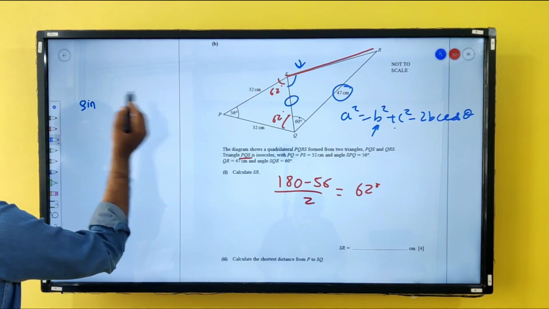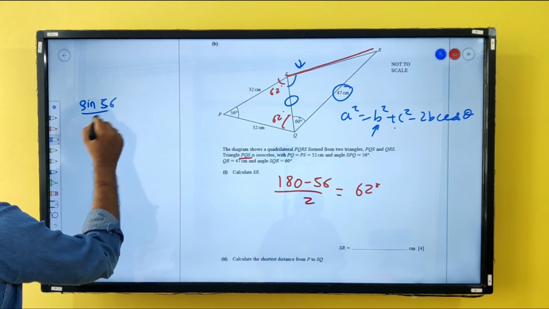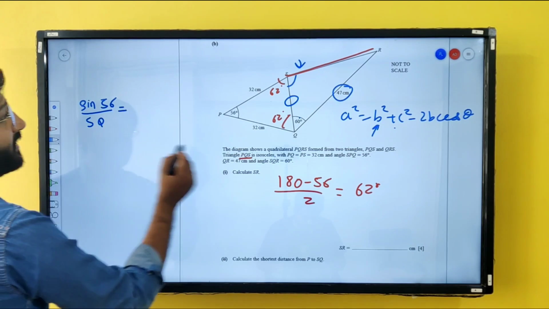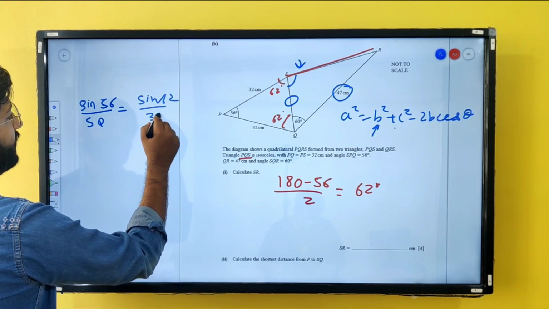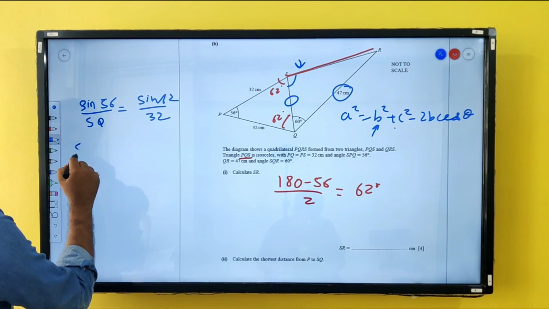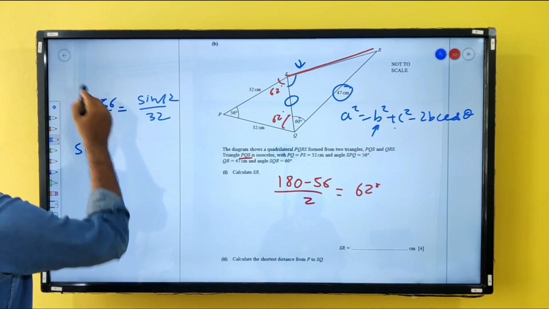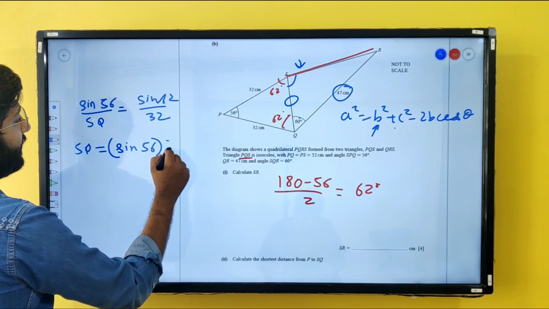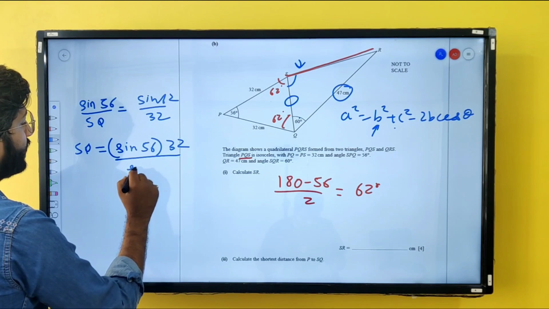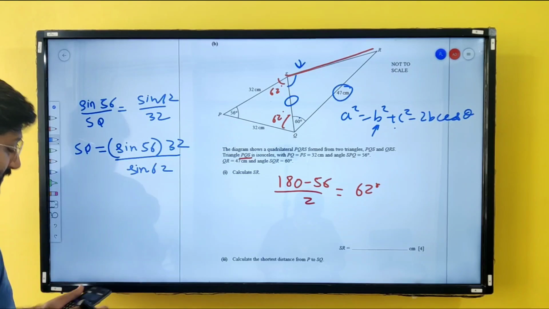So sine 56 upon SQ is equal to sine 62 upon 32. So you have SQ as sine 56 into 32 upon sine 62.